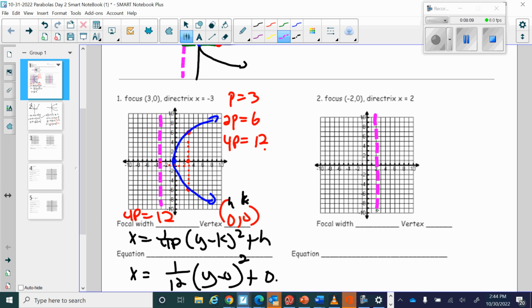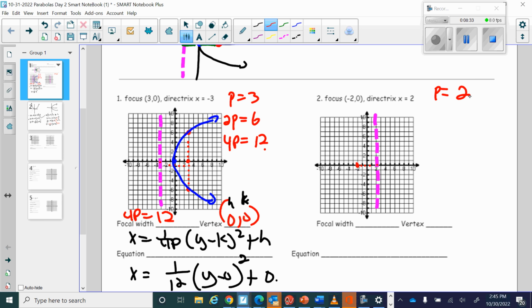I'm sorry, (negative 2, 0) is my focus. Right there. And then let's see what the p value is going to be now. So we have 1, 2, 3, 4. So 4p is 2, so p is 2.